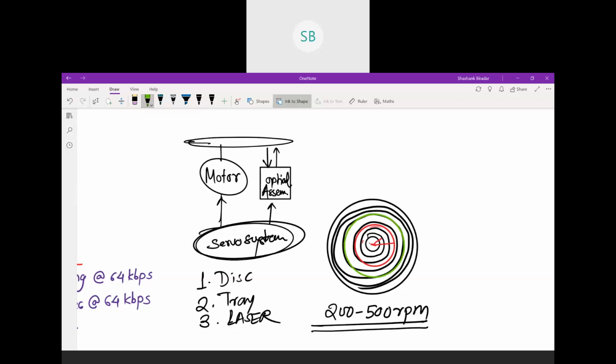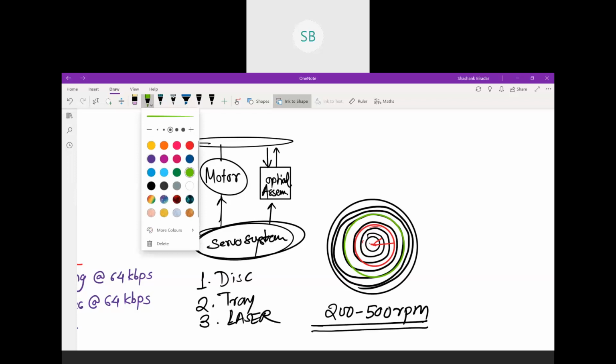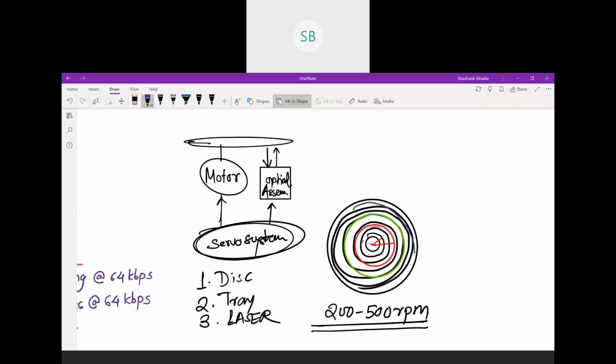And finally, when you move out to the circumference, the radii are larger still. So as to read the data, the rotation of the disk has to be varied, because the radii are small, then moderate, and then larger. That is why this variation in the speed is there.